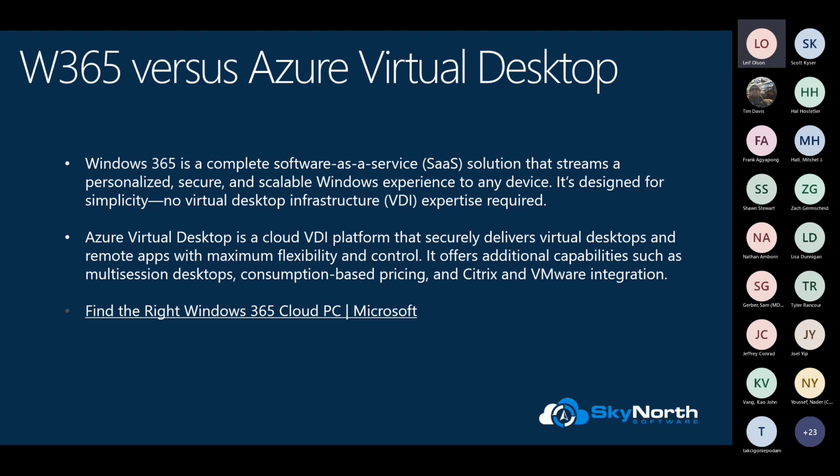And I think the magic threshold, once you're looking at one user per core on your Azure Virtual Desktop, is when it gets comparable to the Windows 365 cost. And those are really the medium to heavy users.